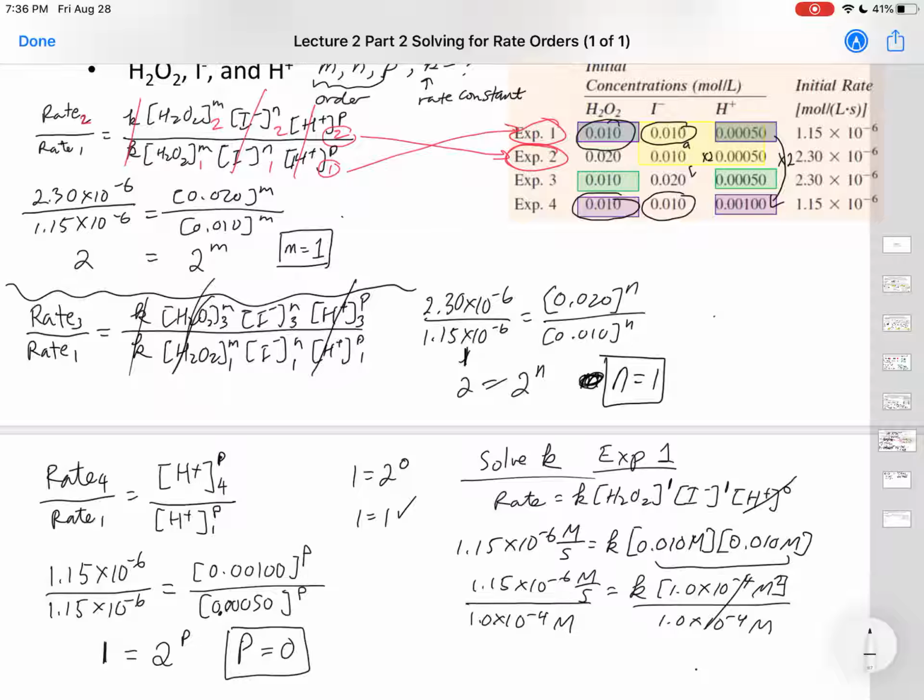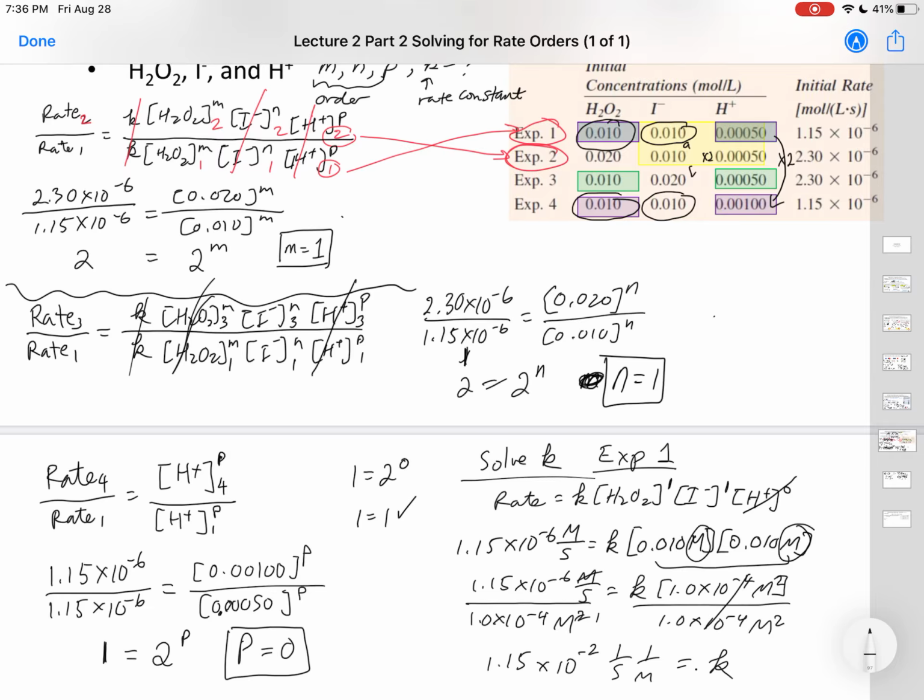I apologize. Squared, because M times M is M squared. Okay? So if I do the math, 1.15 divided by 1 is 1.15 times 10 to the minus 6 minus 4 is minus 2. And my M cancels out, so it is 1 over s, 1 over M is equal to K.